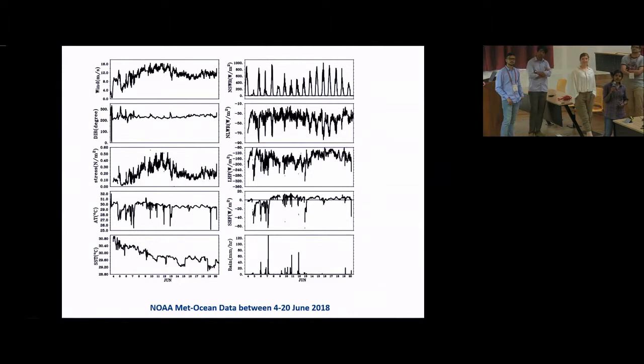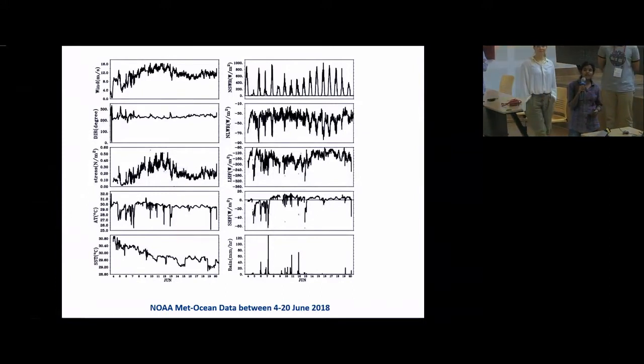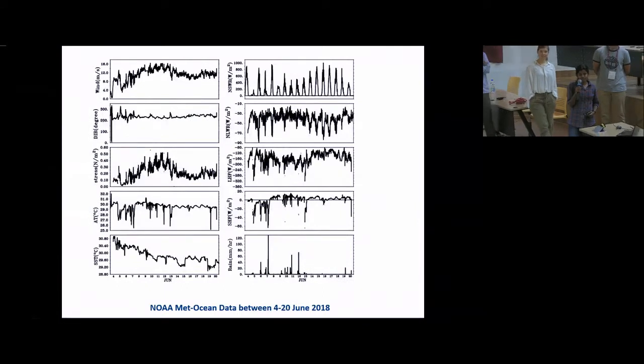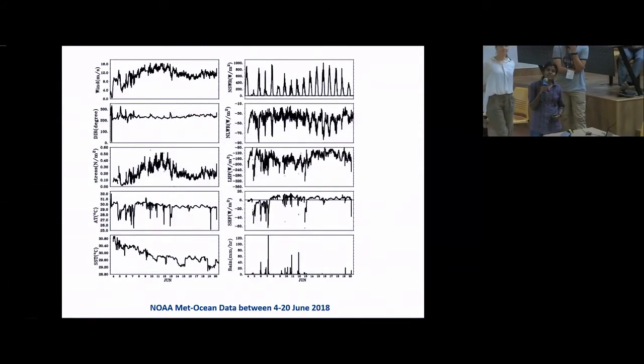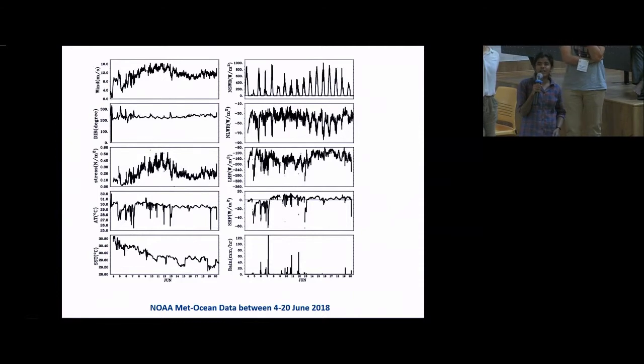The first panel shows the wind speed, and the observation period is from 4th June to 20 June, and we have active and break seasons of monsoon during this period. And wind was picking up from 4 meters per second to 16 meters per second.